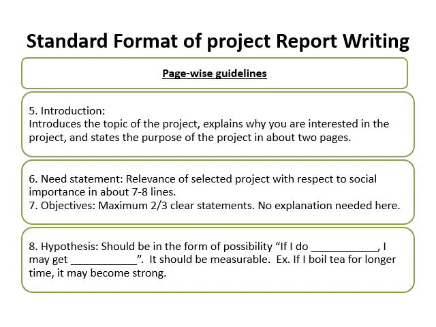Afterwards, after the abstract comes the introduction. Now, what topics can you write in the introduction? Explain why you are interested in the project and why you selected it, and it should not be more than 2 pages. Then the next is the need statement: why this project is necessary, its social importance.